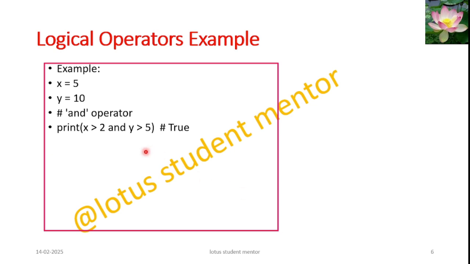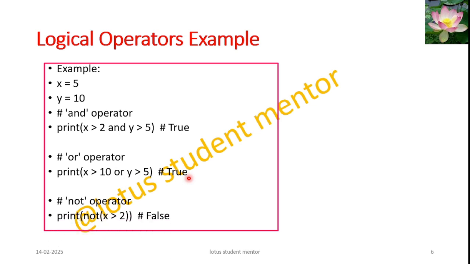Because both conditions are true, the output becomes true. Next, in the case of the OR operator, if any one is false, it still becomes true. Now x is greater than 10 is false, but y is greater than 5 is true. So because of the OR operator, the output becomes true.